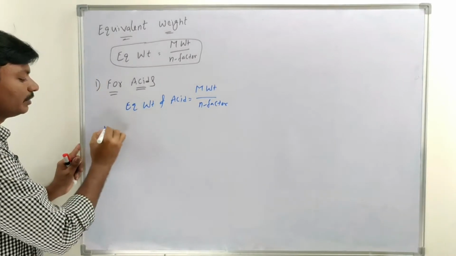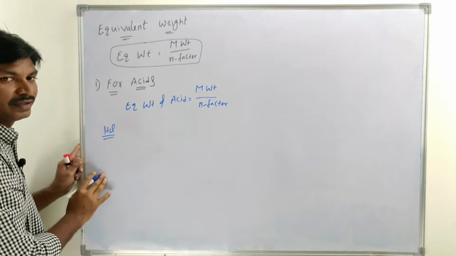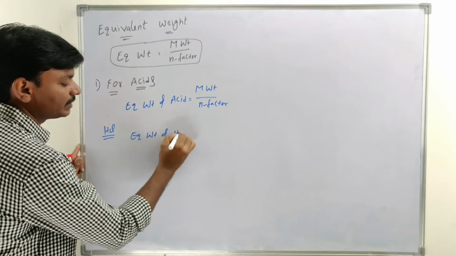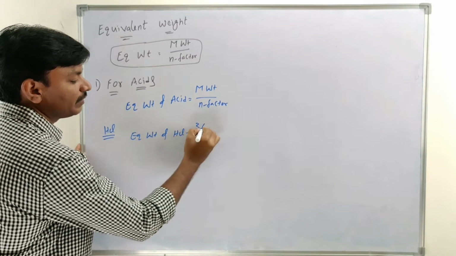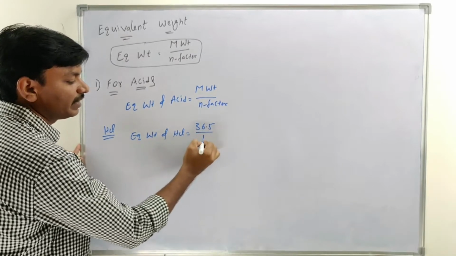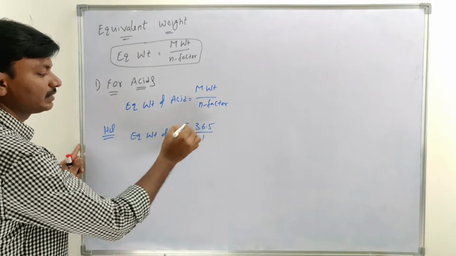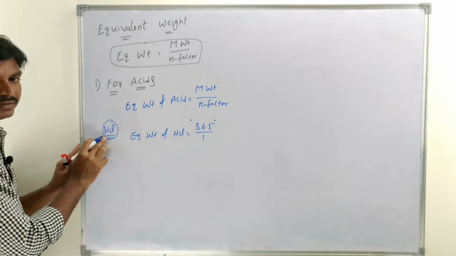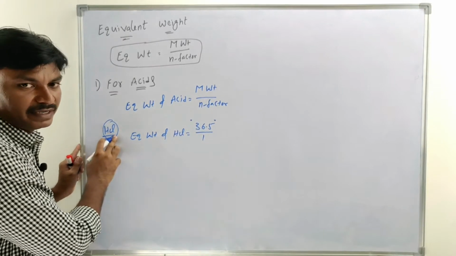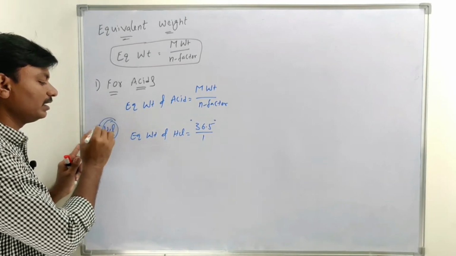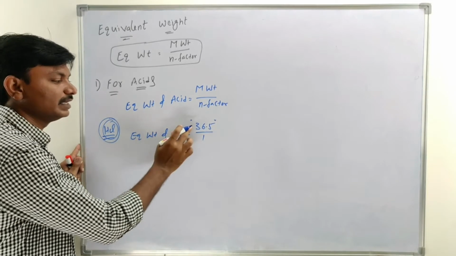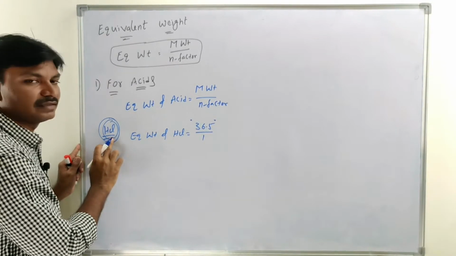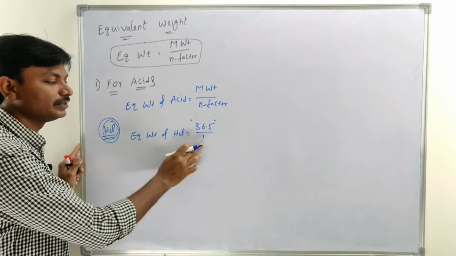Okay, example. Suppose HCl. Equivalent weight of HCl equals the molecular weight of HCl, 36.5, divided by 1. Here, the atomic weight of hydrogen is 1 and chlorine's atomic weight is 35.5. Totally, the molecular weight of HCl is 36.5, and the n factor value, or basicity, of HCl is only 1.